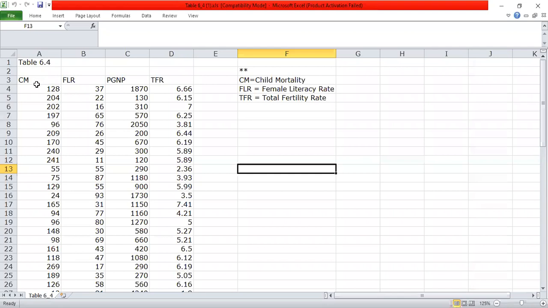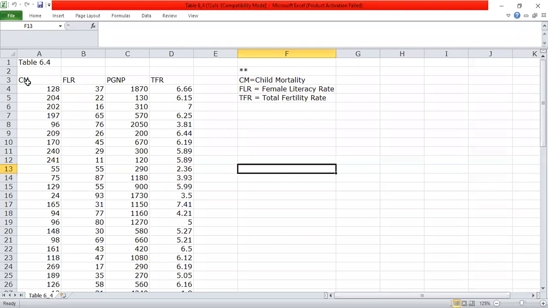What is CM? CM is child mortality. FLR is female literacy rate. PGNP is per capita GNP. TFR is total fertility rate.